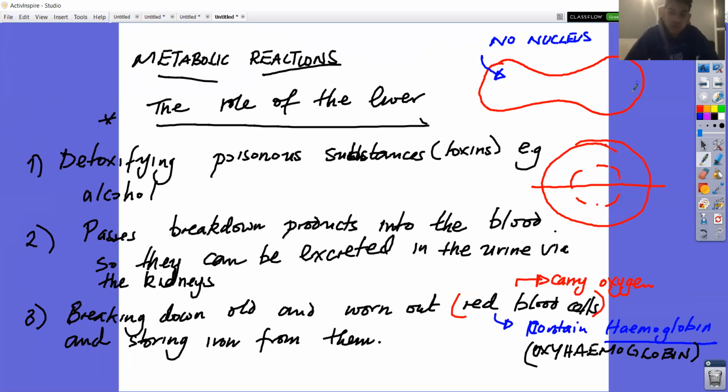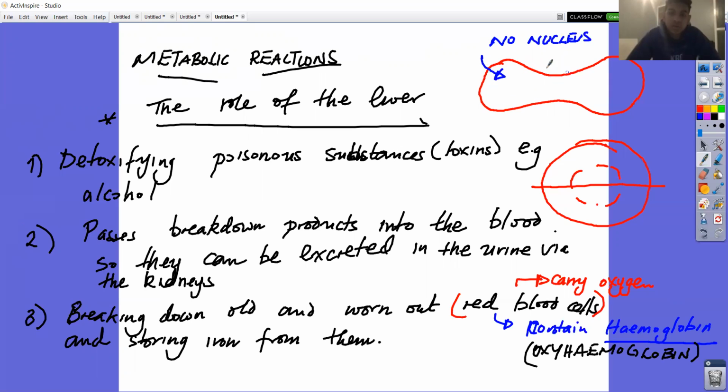No. The body has prioritized this mission, I'll call it, of respiration so much that to make things so efficient, okay? Nature is the mother of efficiency. It removes the nucleus. It's not needed. We want to maximize the amount of oxygen.